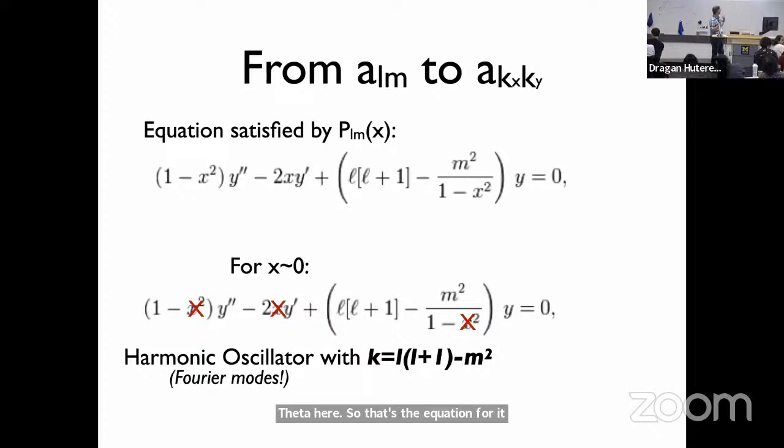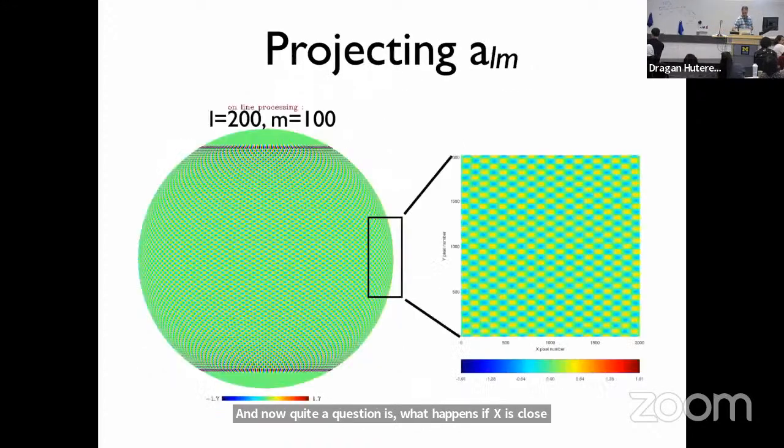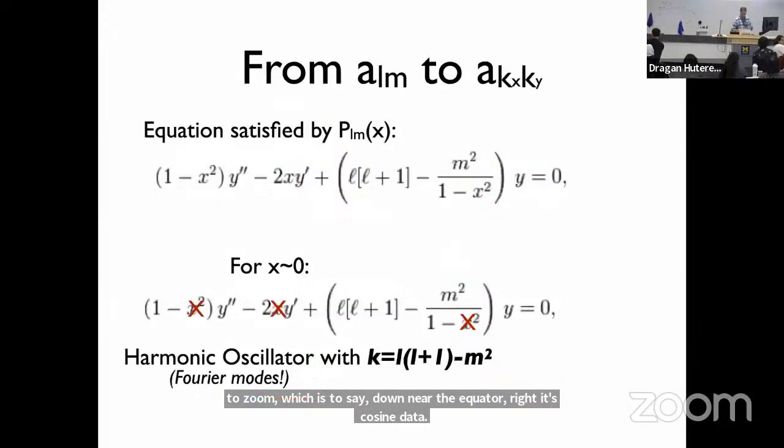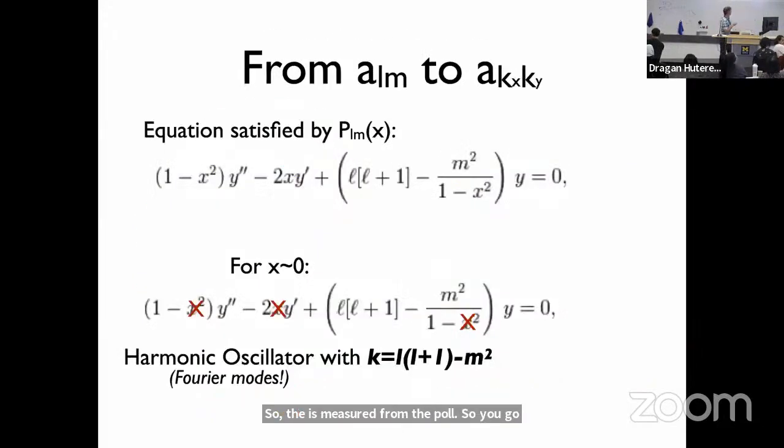And now the question is, what happens if x is close to 0, which is to say, down near the equator, right? It's cosine theta, so theta is measured from the pole. So you go back to your associated Legendre polynomial equation, and you say, what if x is really close to 0? Well, if x is basically 0, you get something that looks like y double prime plus some prefactor times y is equal to 0.